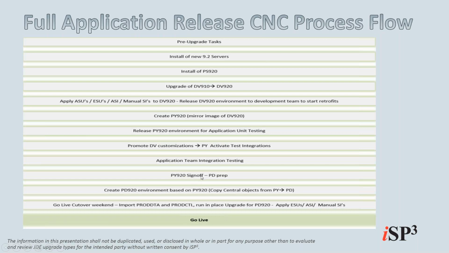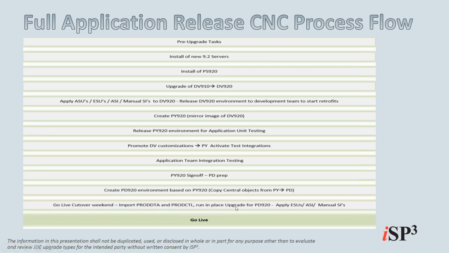And then you create your PD environment based on PY920, so the copy of central objects. You pull your business data and perhaps control tables from your current PY, and you do an in-place upgrade. This is on the cutover weekend, you do an in-place upgrade for PD.